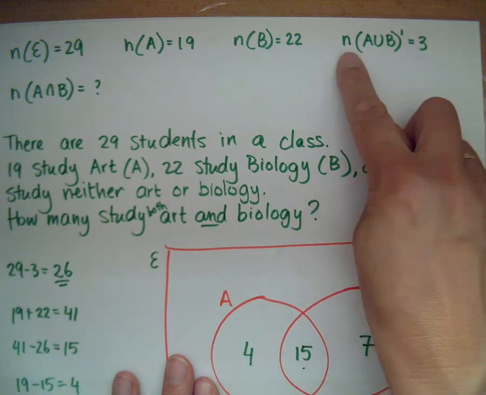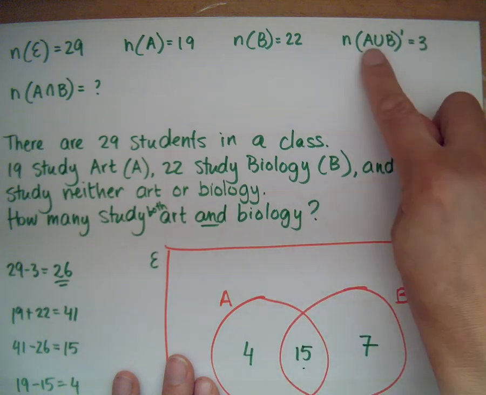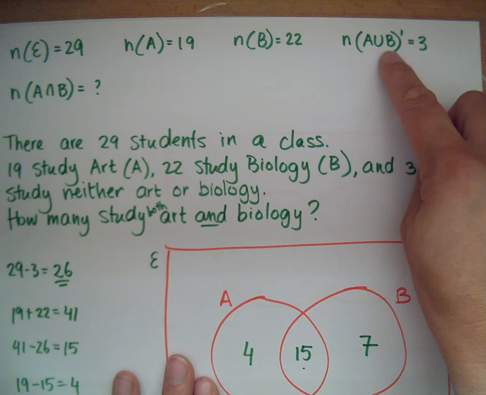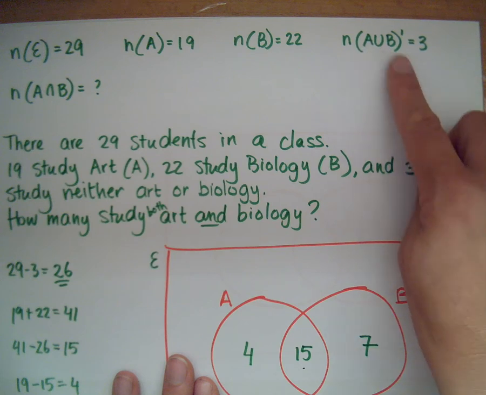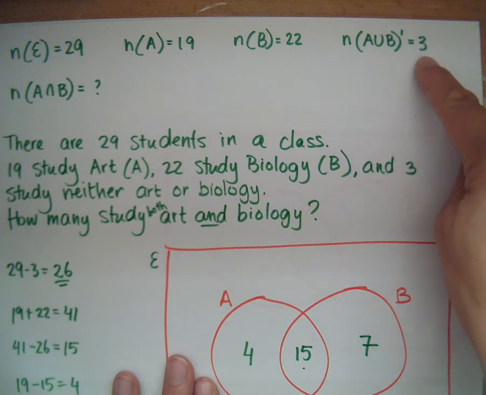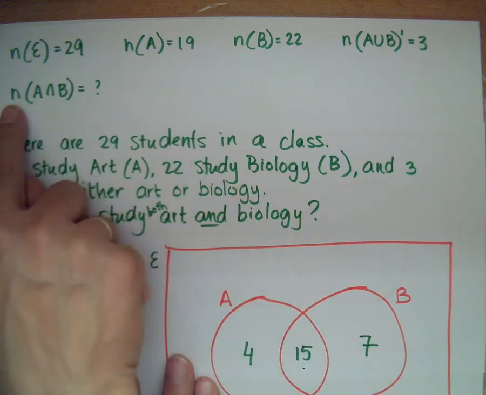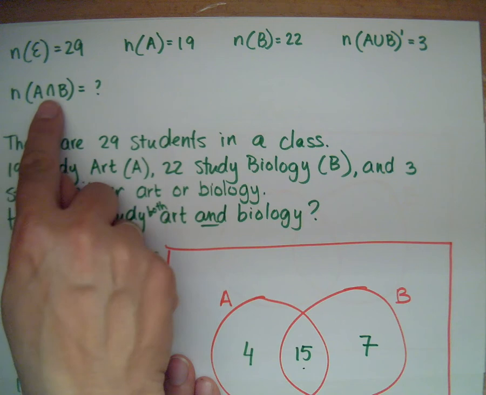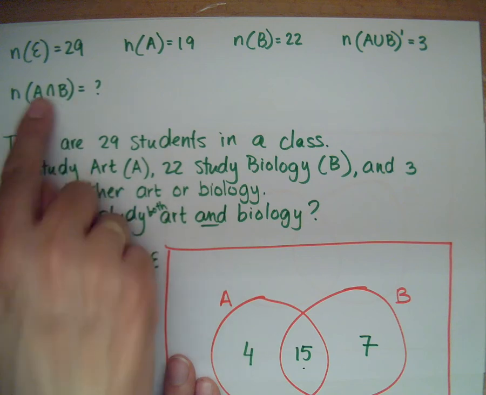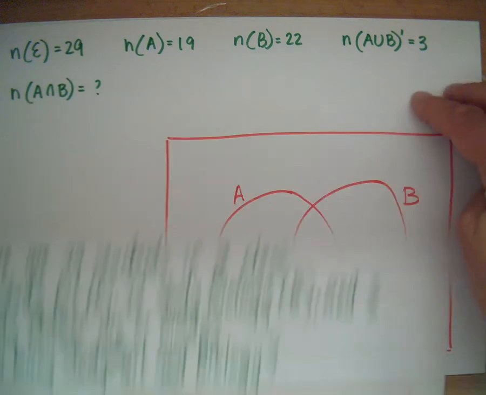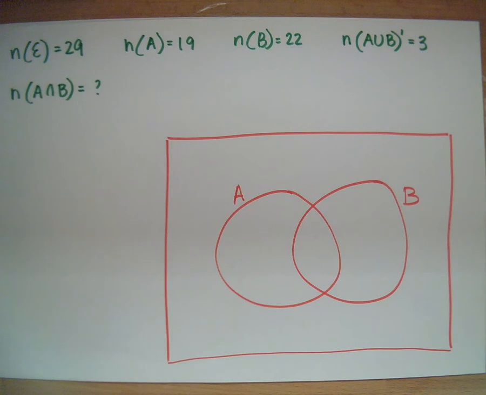The number of students that are not in art or biology or both is 3, right? And how many students study both art and biology? What is the number of students in art and biology at the same time? That is the question. Now, this is more of an algebraic way to solve it.